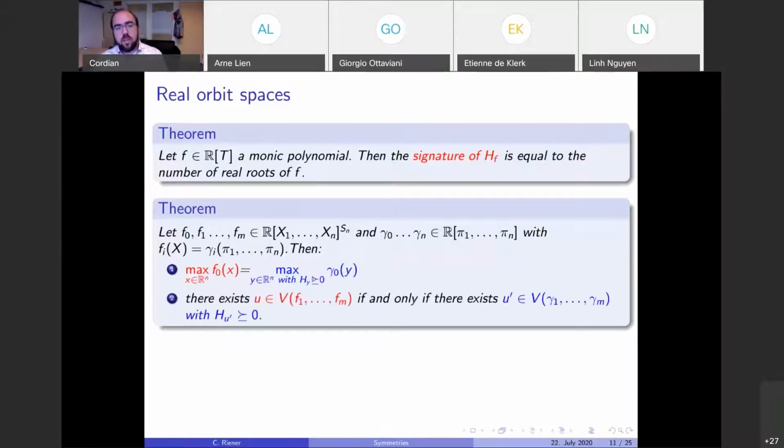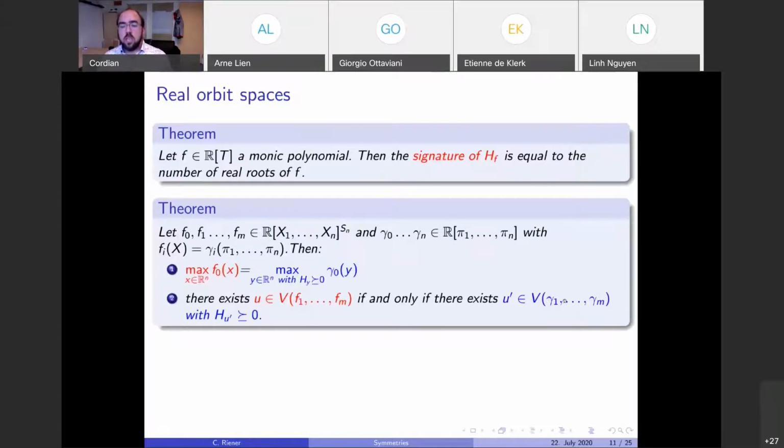Equivalently, if I take a look at the real system of equations defined by f1 to fm, the variety defined by them, there will be a real point u in this variety if and only if I can find a real point in the variety defined by gamma 1 to gamma n.